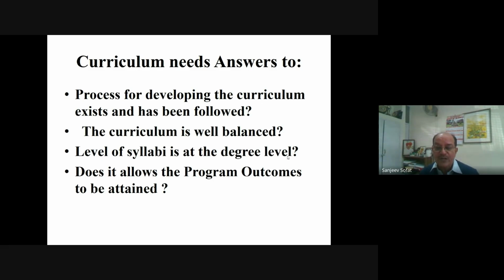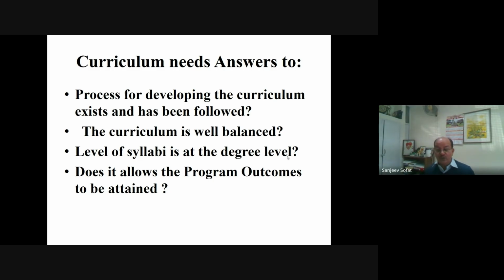Now, in earlier times, people used to say the curriculum credit should be 220 to 230. People used to make a curriculum like that. What is the consequence of that curriculum? The student will come at 9 in the morning and be busy up to 5, either in the lab or in the classrooms.